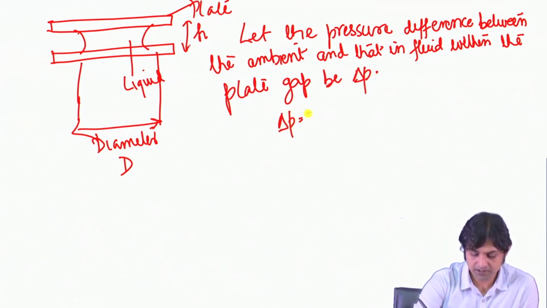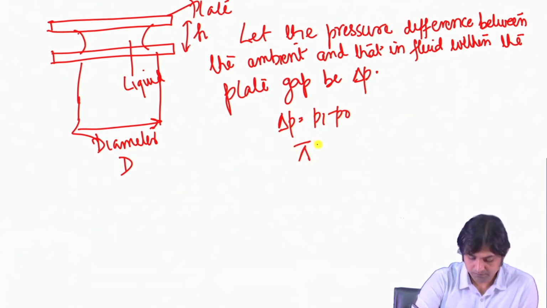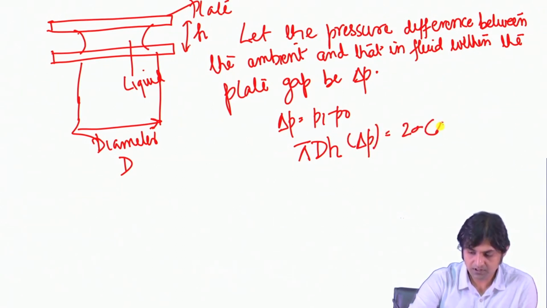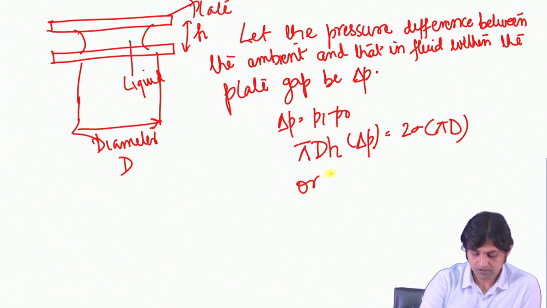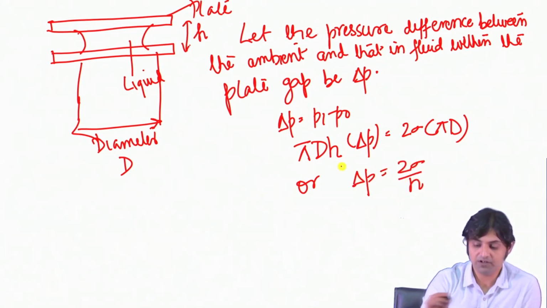Then delta P can be given as P1 minus P0, or pi d H delta P can be written as 2 sigma pi into D, or delta P is equal to 2 sigma by H in our case.